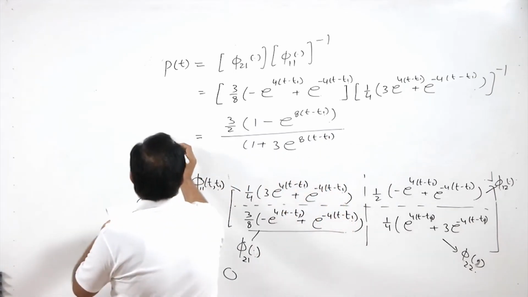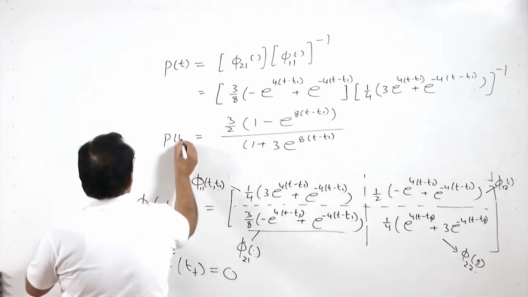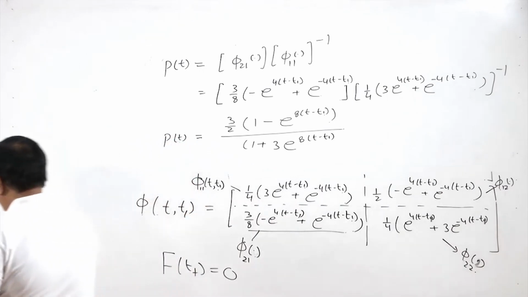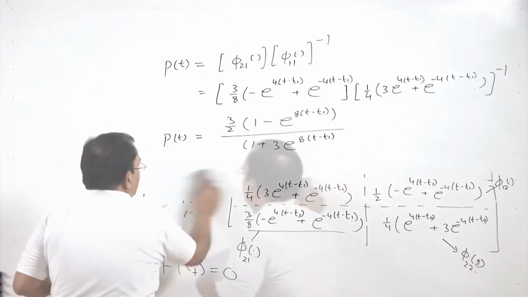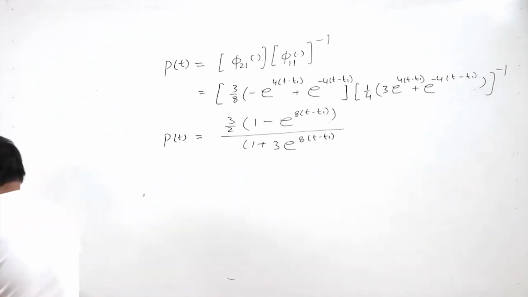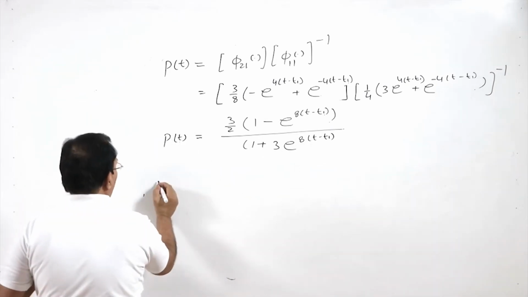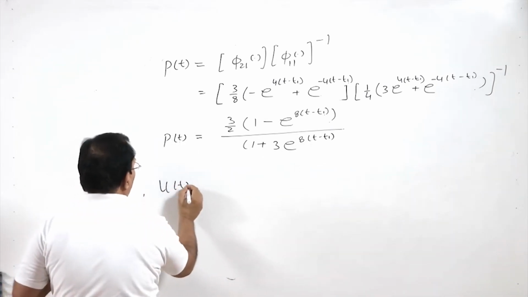So, this is nothing but P(t). If P(t) is known, I can directly write what is my u(t).